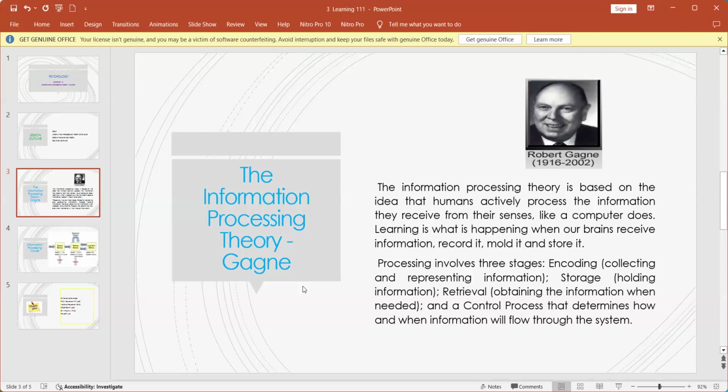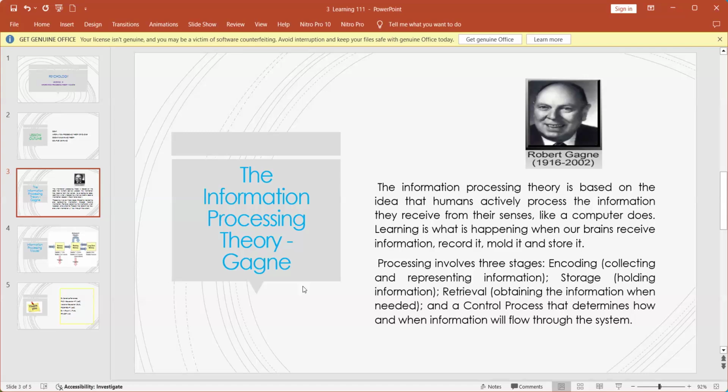Okay. So if you take this information processing theory by Gagné, learning is a matter of our internal mental capacities: sensation, perception, attention, memory, and so on. So Gagné compares this internal mental process of learning to a computer, right?